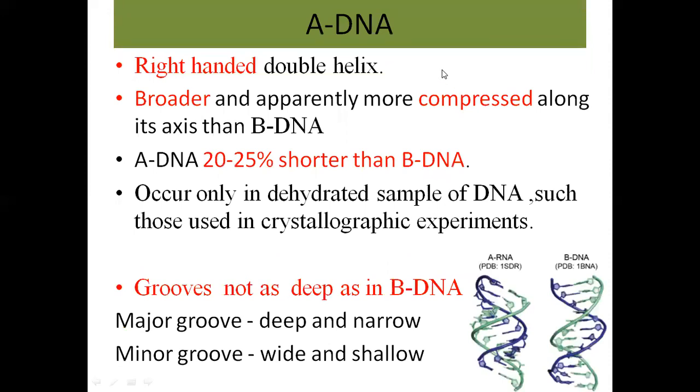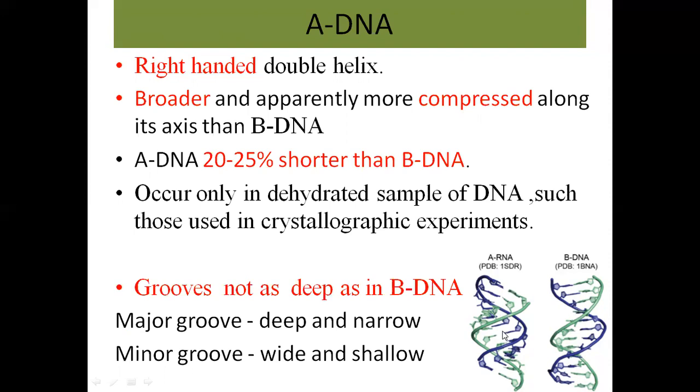First comes ADNA. It is a right-handed double helix. And see this figure. What is the difference between ADNA and BDNA? See this, what is the phenotypic difference? This ADNA is much broader and more compressed along its axis than BDNA.